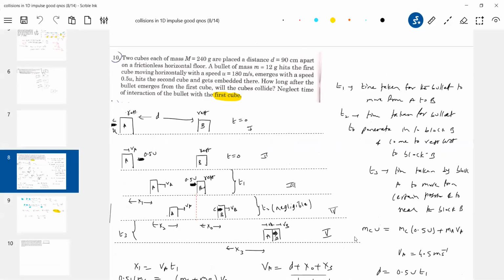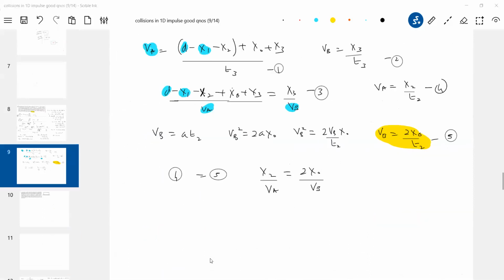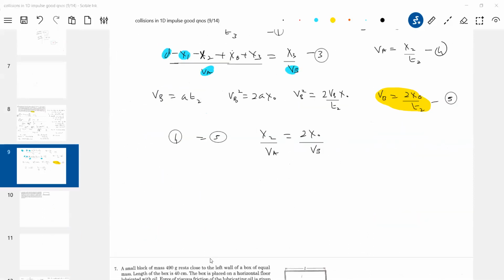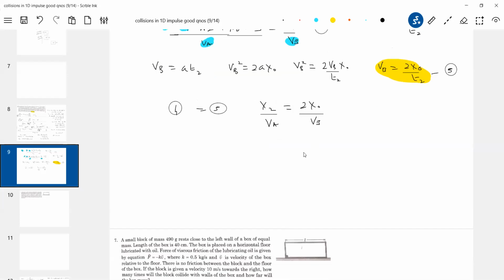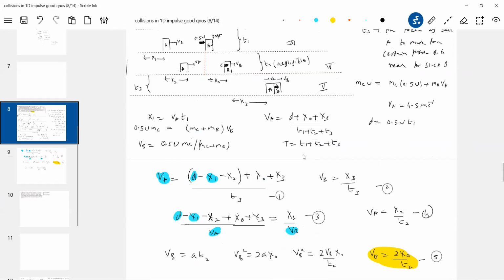Copying is not permitted. Are you able to see all of me? Can I continue? Yes, sir. Some problem has arisen.